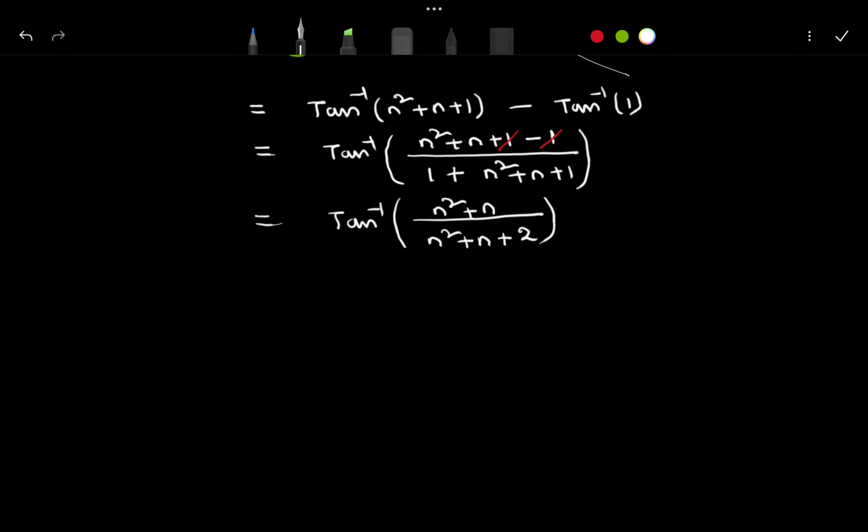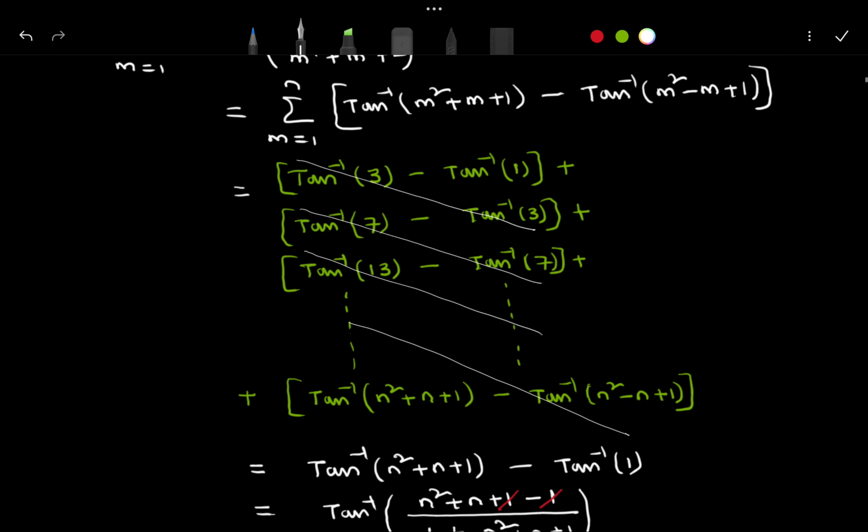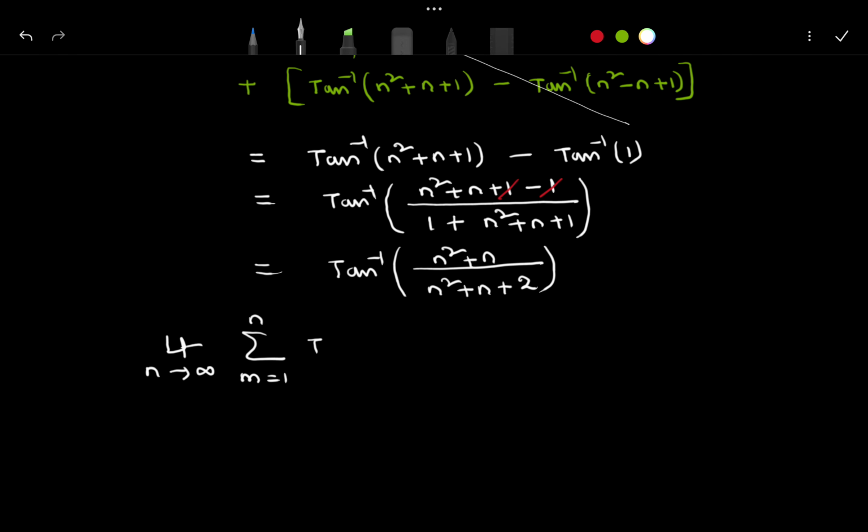They will ask limit n tends to infinity, sigma m equals 1 to n, tan inverse of 2m whole divided by m to the power of 4 plus m square plus 2.